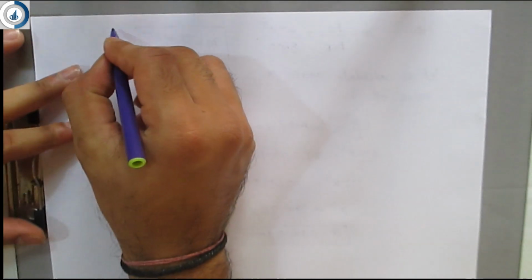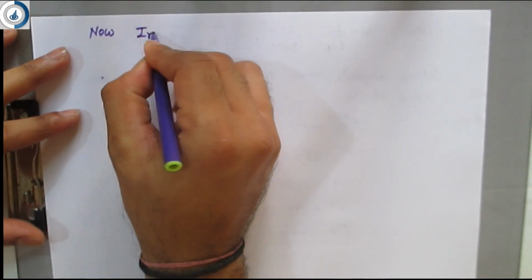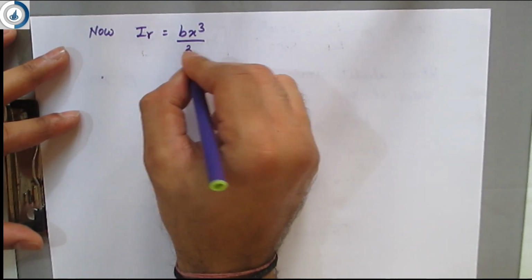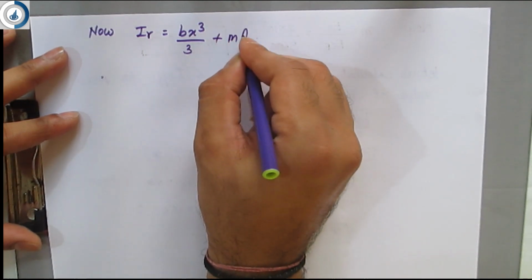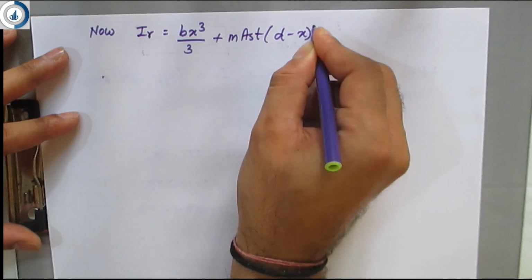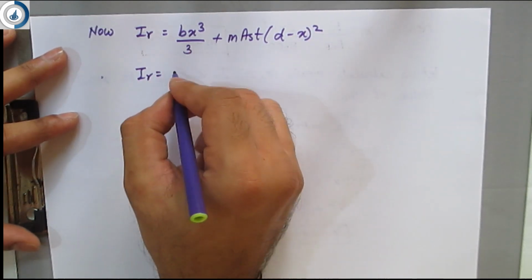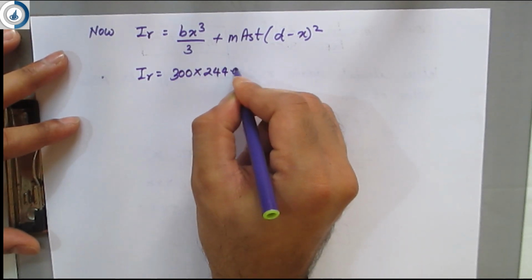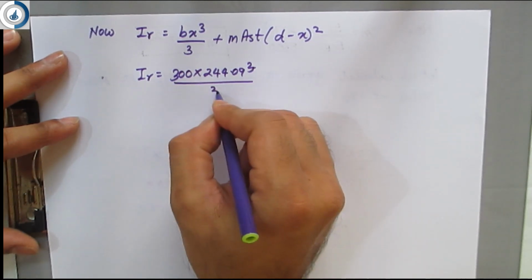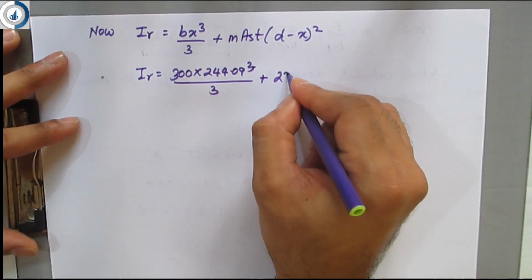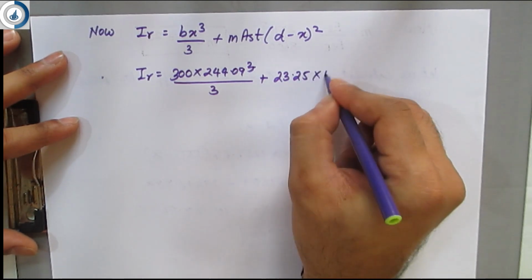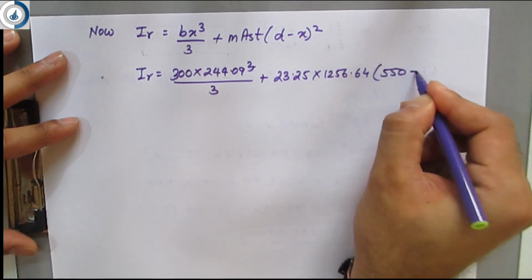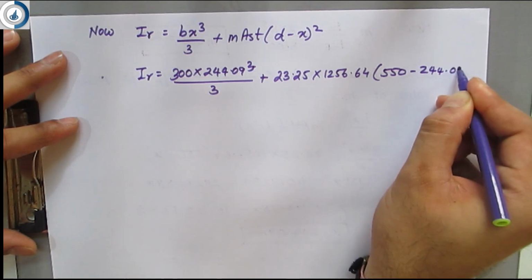Okay, now IR you will be calculating. This becomes bx cube by 3 plus M AST d minus x whole square, the same formula we are using again. IR becomes b 300 into the new x which we have calculated, 244.09 cube, divided by 3 plus M is 23.25 into 1256.64, d is 550 minus 244.09 the whole square.